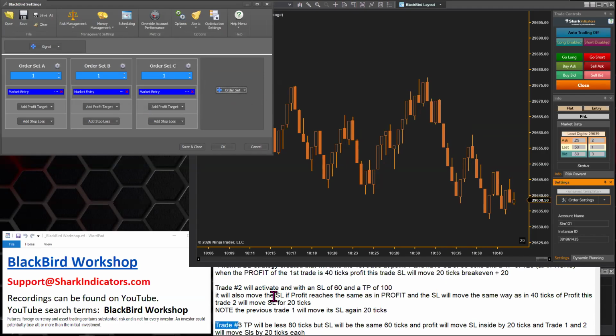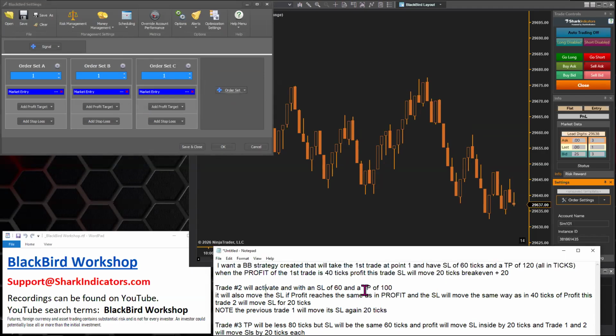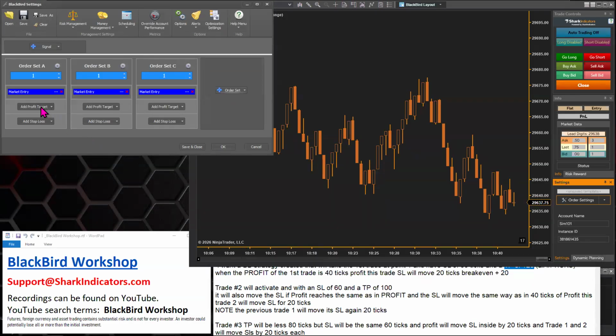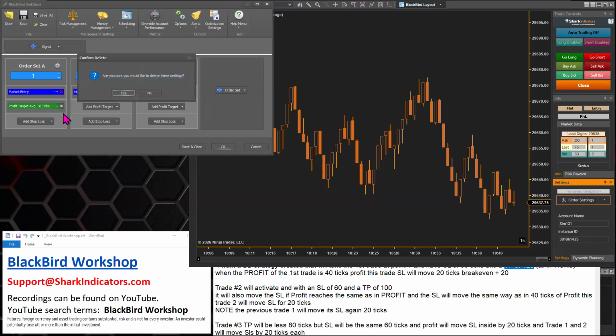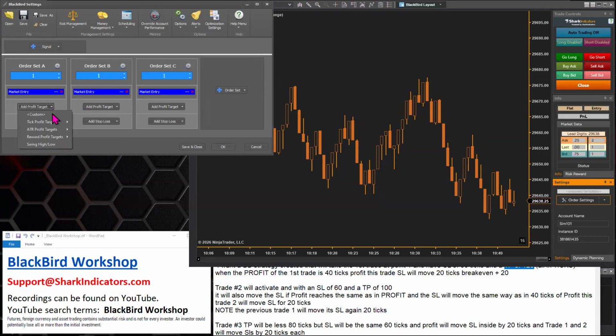All right. So the first one here, we have a stop loss of 60 ticks and a take profit of 120. So let's do our take profit here, and I'll just put in 50. Actually, let me put in 20. Open this up.